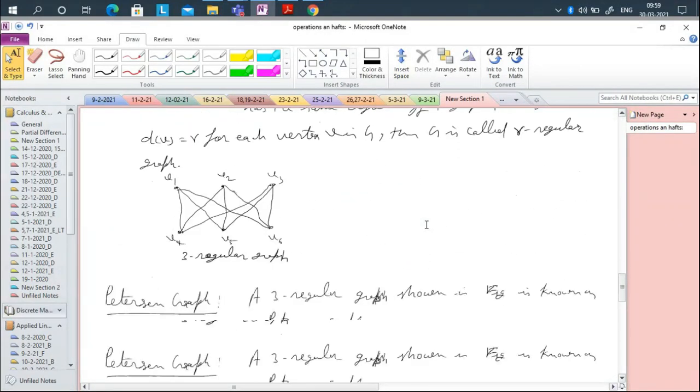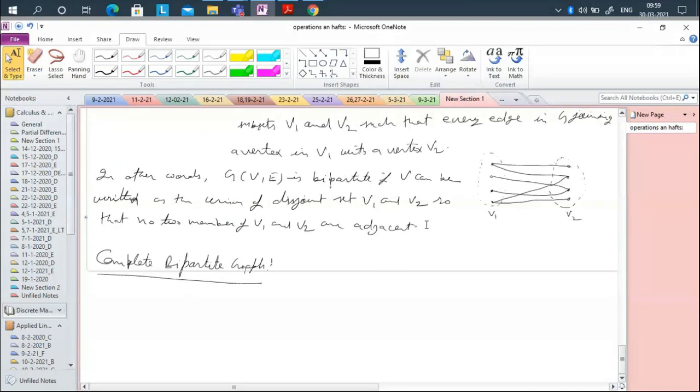Sir, in the midterm, will we have the complete 3 modules? Not the complete 3 modules, only 2.5, up to the last class.